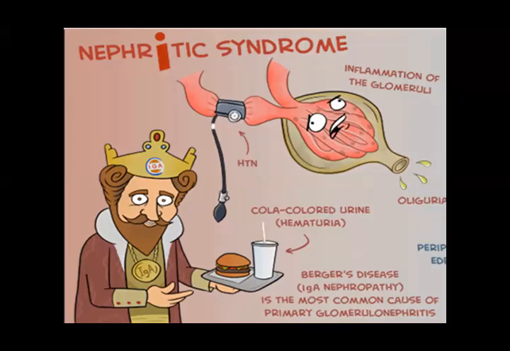Mostly in your exam, when you see the words cola colored urine, it refers to post-streptococcal glomerulonephritis, but it could be IgA nephropathy, which is the same as Berger's disease. So here is Berger's disease, and here is his Coca-Cola, which is Coca-Cola colored urine. This is just to remind you that Berger's disease has cola colored urine because it is a nephritic syndrome.